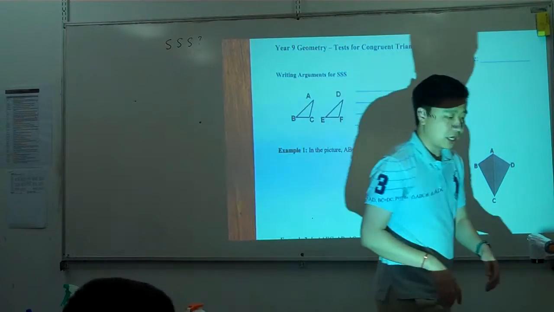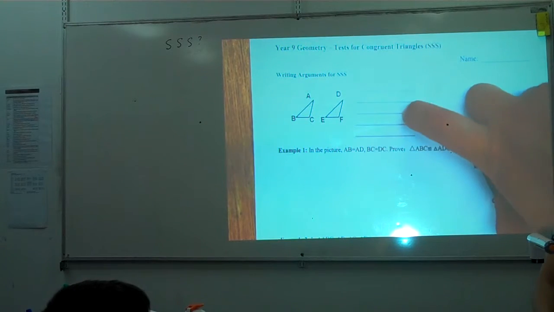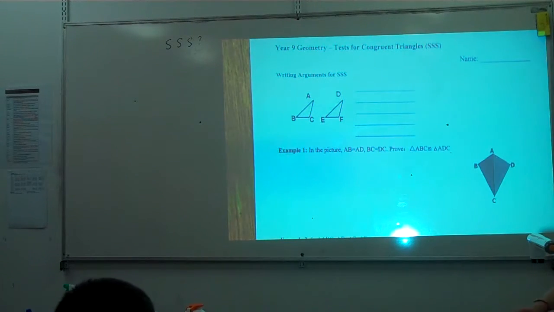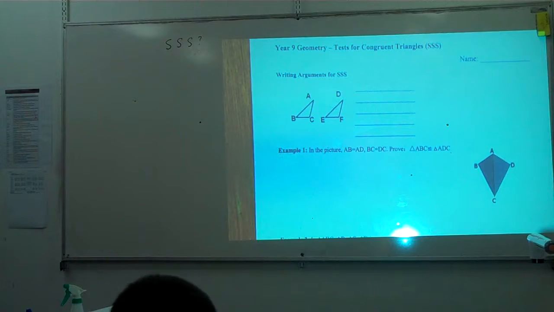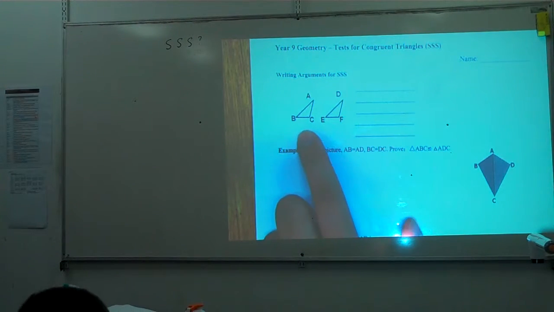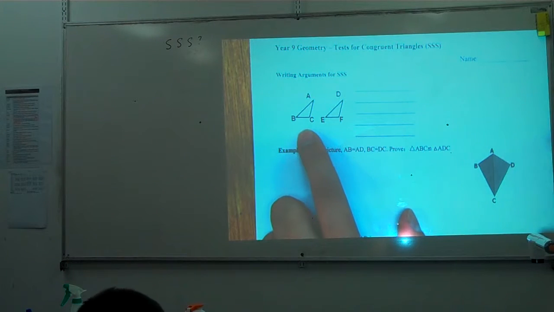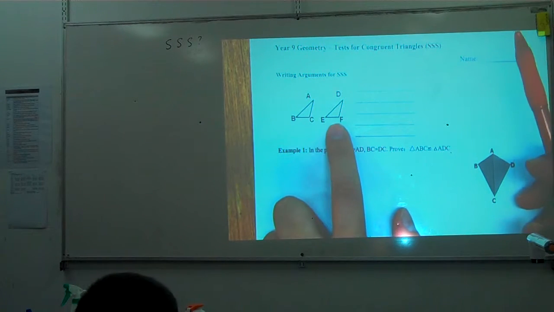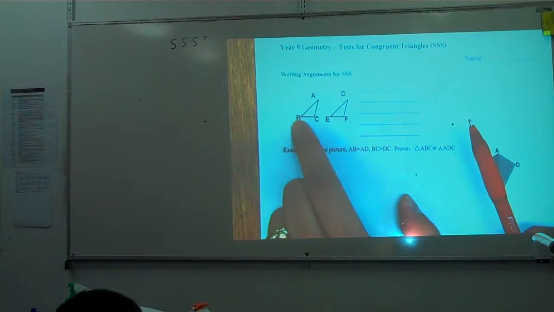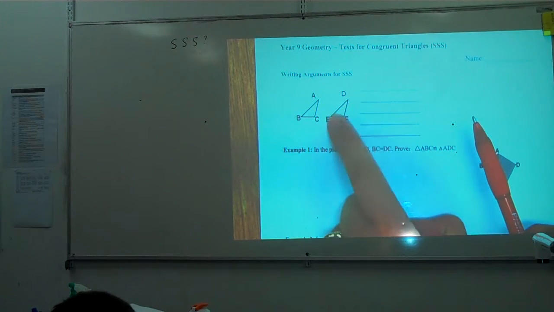Okay, 3 is enough. Now let's have a look at how can we write the argument in math. So we want you to take up your worksheets. Okay, let's follow me to write down the format. Okay, now we've got 2 triangles. The first one is triangle ABC, and another one is DEF.